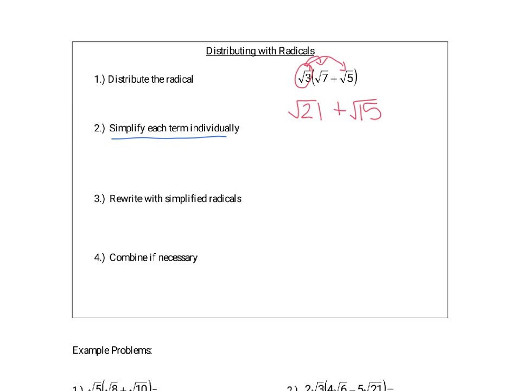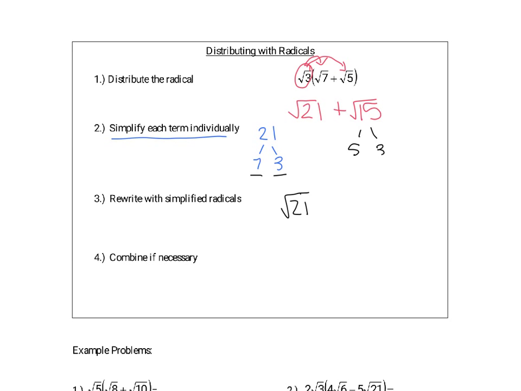Okay, square root of 21. So here's where factor trees come into play. 21, well, guys, just use the numbers that were already given to you. No need to sit here and try and reinvent the wheel. 7 and 3, they cannot be broken down any further. So square root of 21 is the lowest it's going to go. Okay, square root of 15.